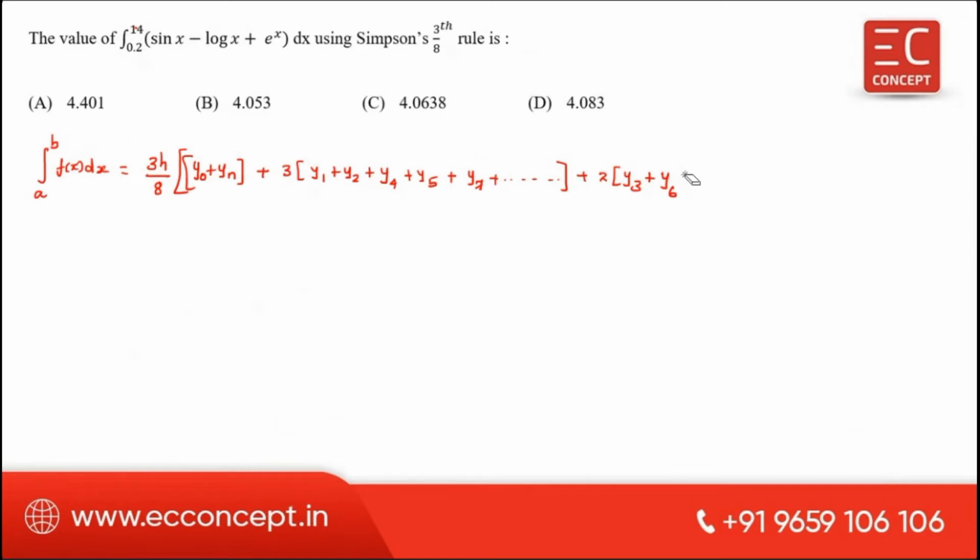This is the multiples of 3, and so on. So this is the formula for Simpson 3 by 8.